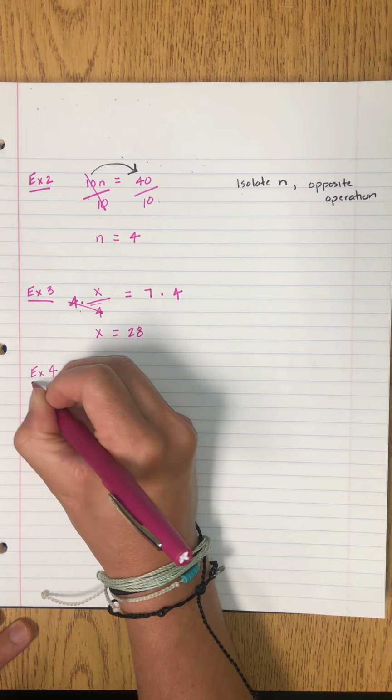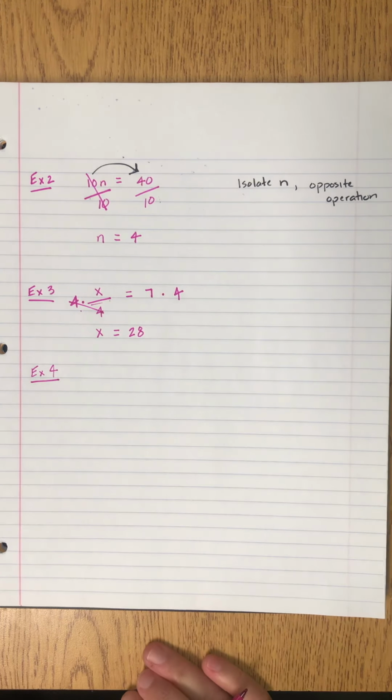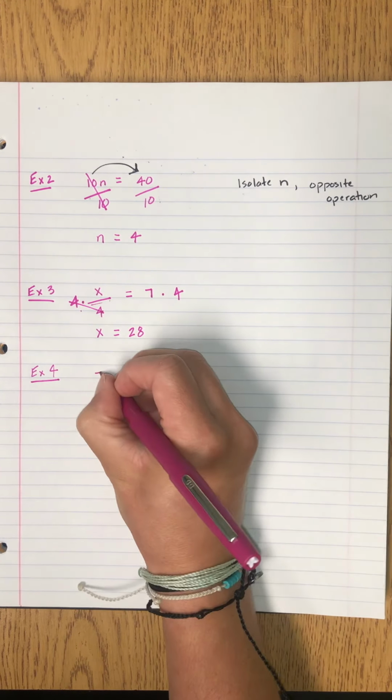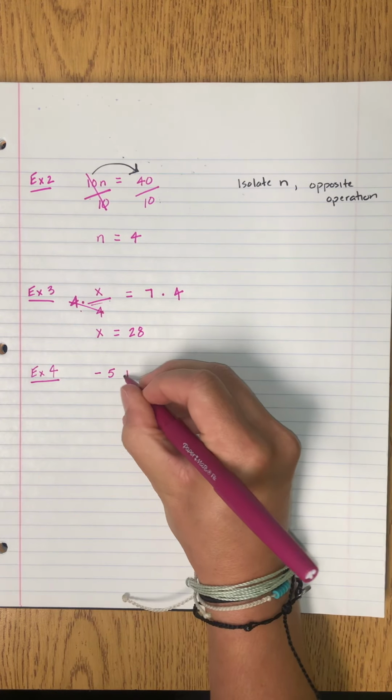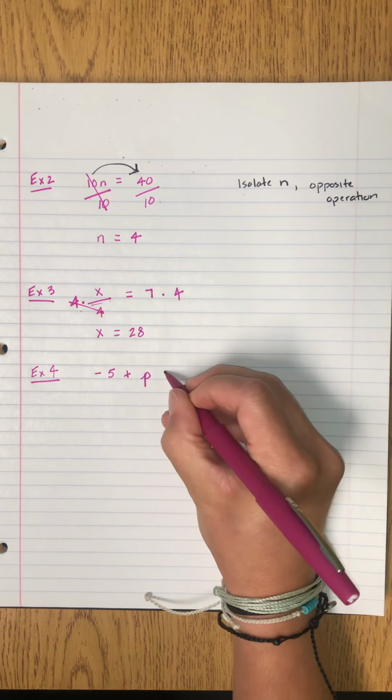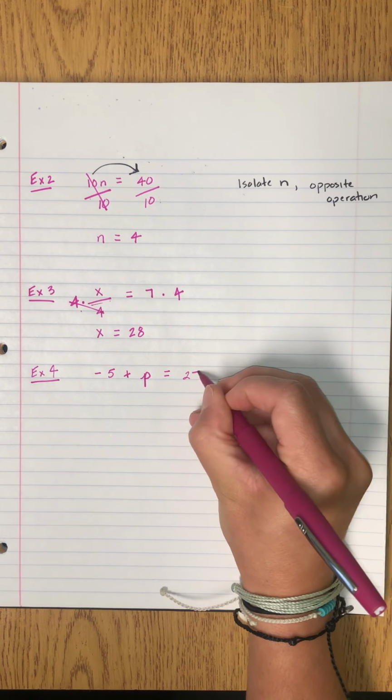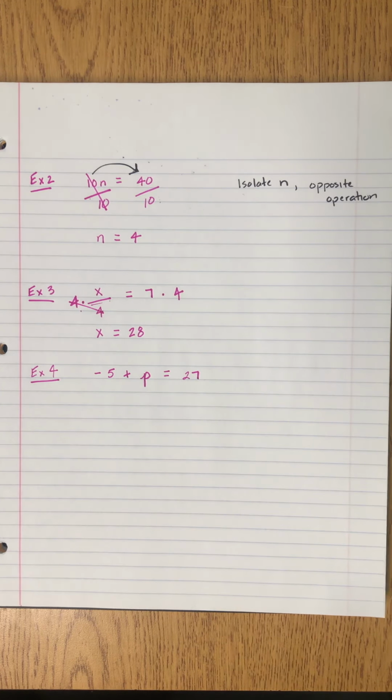And make sure you're using these to refer to as you work on the worksheet. It is going to be negative 5 plus the letter P equals 27. So what is P?